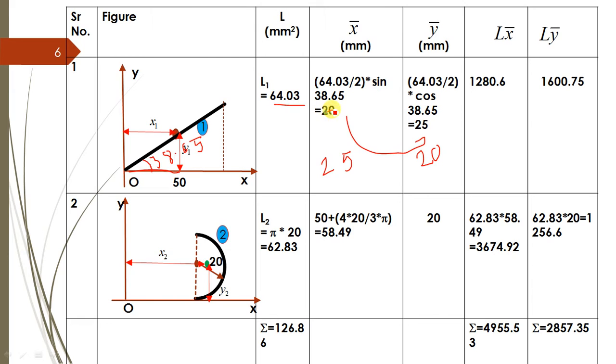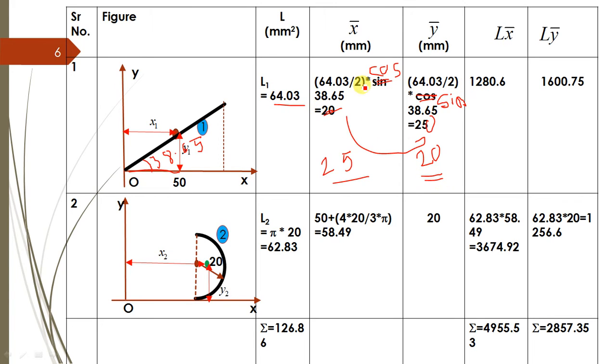Please make the correction over there. This is 20 because here sine is required instead of cos, and here cos is required instead of sine. So x bar is 25 and y bar is 20.